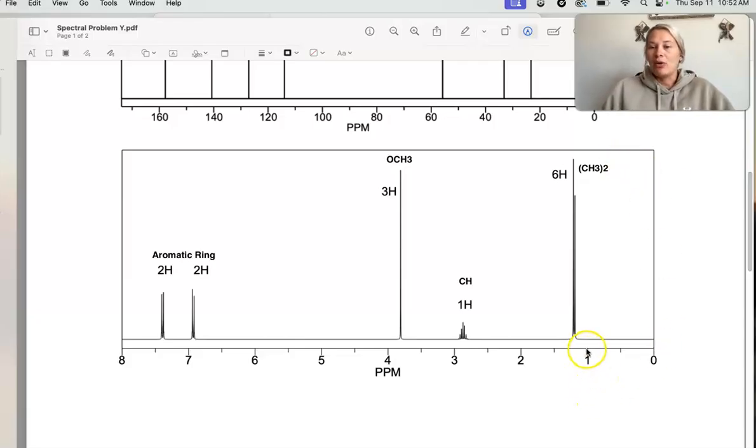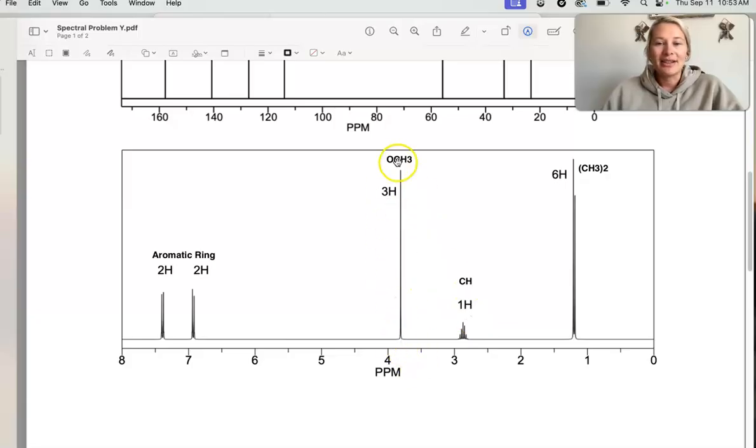At about 1.2, we had 6 hydrogens with a doublet, which is our methyl groups, 2 of them. Then we go down to about 2.8 with a septet, and that is our CH group with 1 hydrogen.